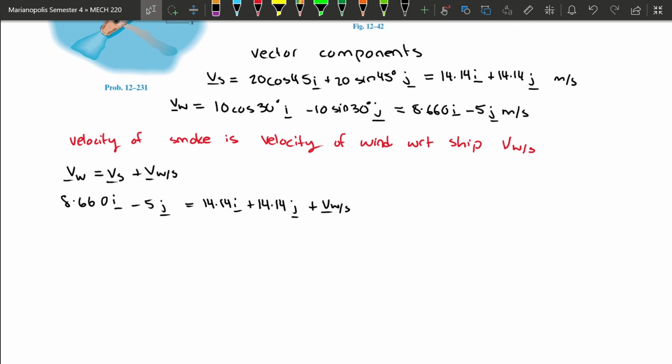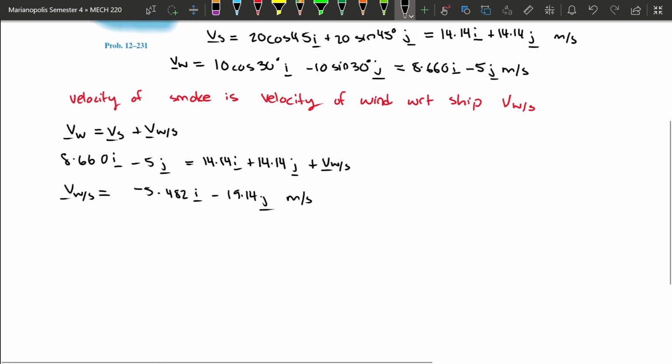Solving for Vw with respect to S, we get negative 5.482 i minus 19.14 j meters per second. Just making sure: the minus 5.482 comes from 8.66 minus 14.14, and the minus 19.14 comes from minus 5 minus 14.14.